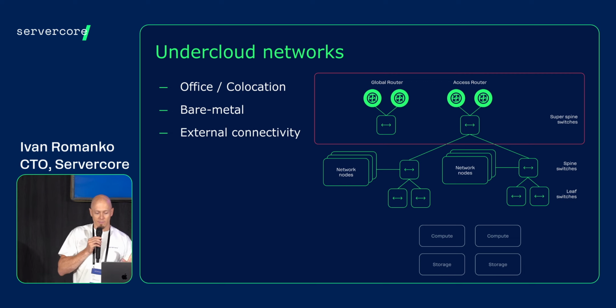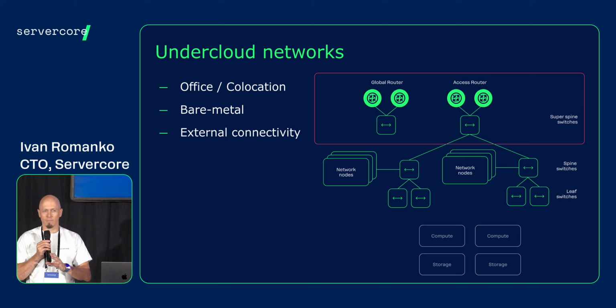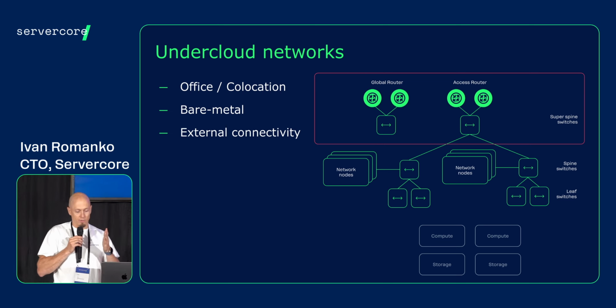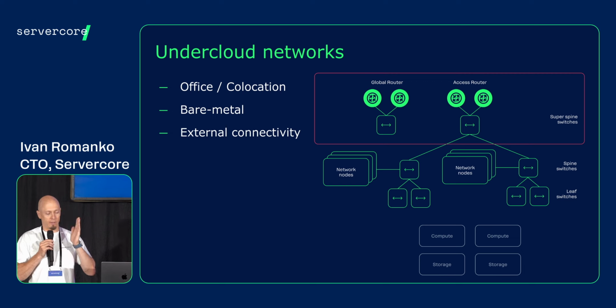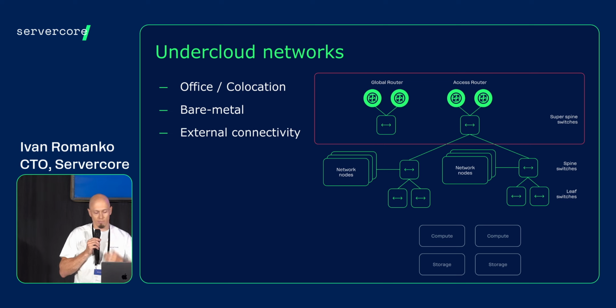Another part is a Servercore feature: the global router. At the same level, there can be DDoS protection and other things that connect the cloud with something external to this cloud. So access routers connect internals with the internet, so with consumers.